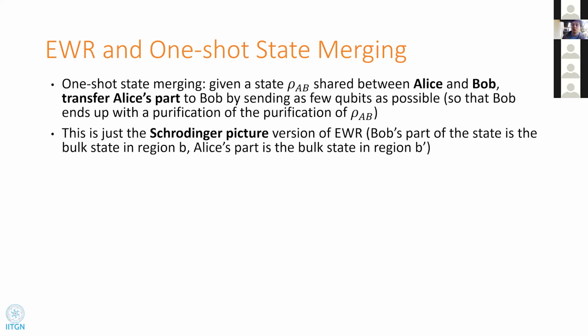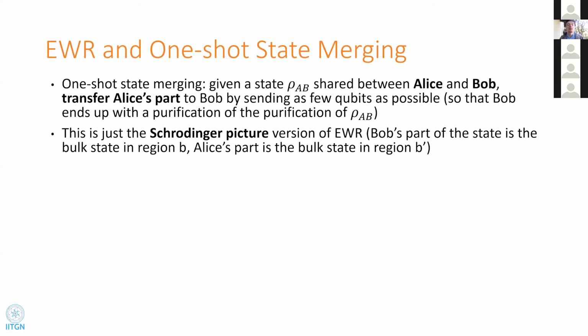This is really just a Schrodinger picture version of entanglement wedge reconstruction. Entanglement wedge reconstruction, where we work in the Heisenberg picture in terms of operators, is really just the same thing. The part of the state that is initially held by Bob corresponds to region little b, just like it is easy for region big B to reconstruct.